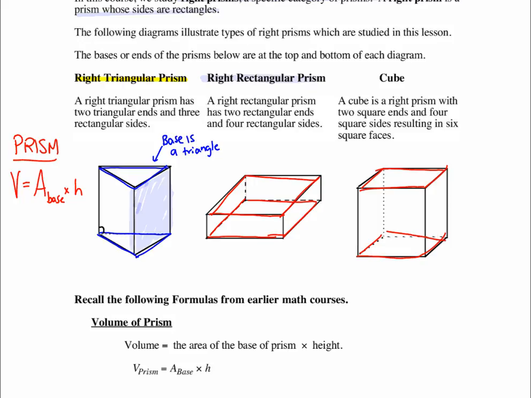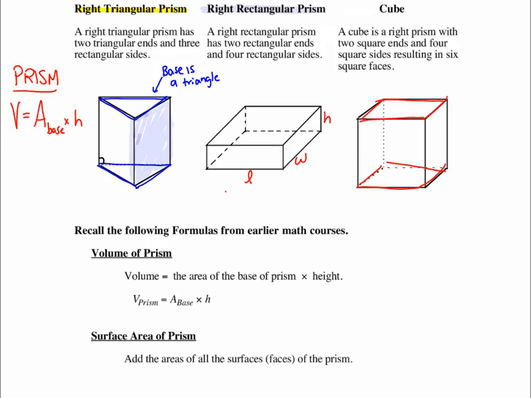So length times width times height only works for a rectangular prism. Because in a rectangular prism, what is the area of the base? Length times width. Area of the base times the height. So that's the volume. And the area of the base is length times width. Hence where you get length times width times height. That only works in a rectangular prism.